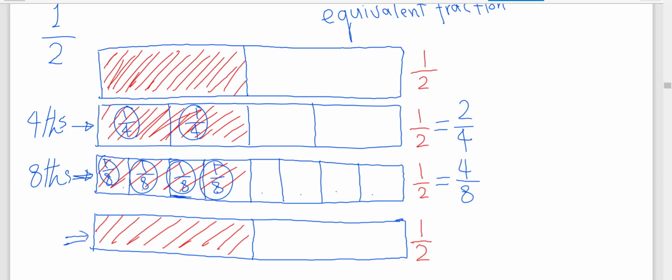This one whole, we divided it into two equal parts to make two halves. If we divided it into 12, how can we divide it? We divided it into two equal parts.